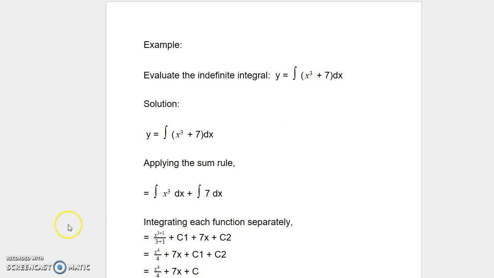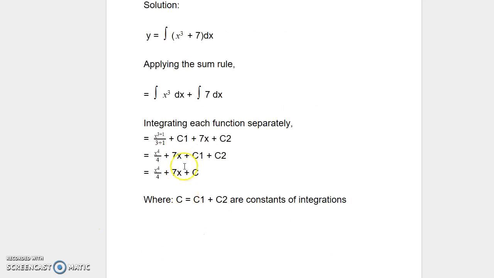When we complete the integration process, we can add the solutions together. As we can see here, integral x cubed dx is in the power rule. We can use the power rule to simplify this part of the integral. And then for integral 7 dx, 7 is a constant term, so we can use the constant rule of integration to simplify this part.